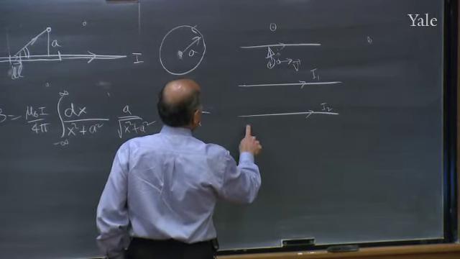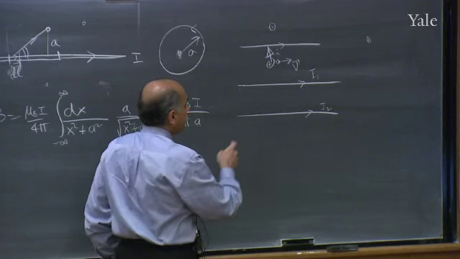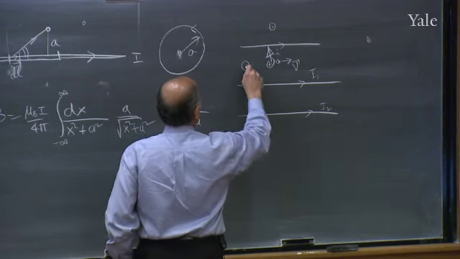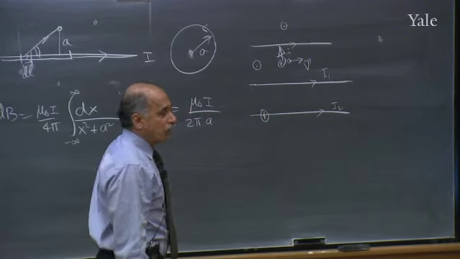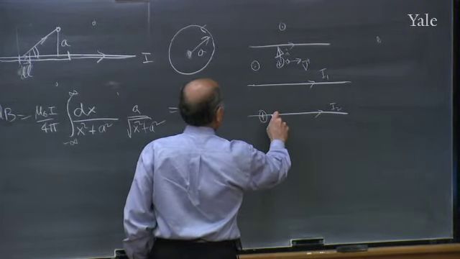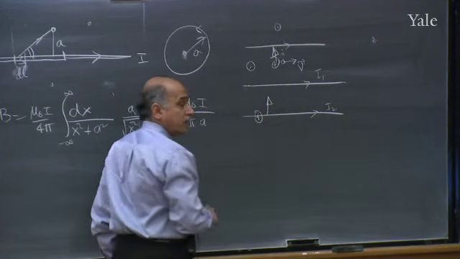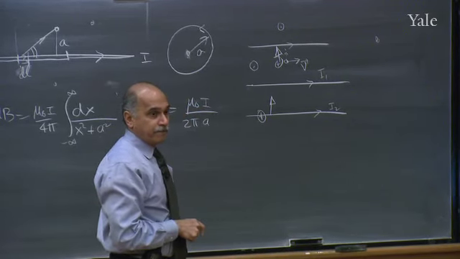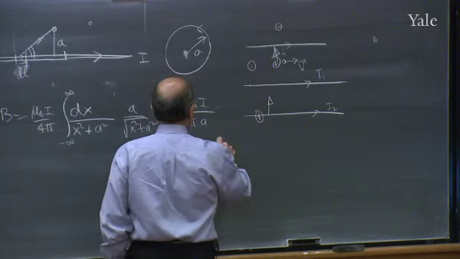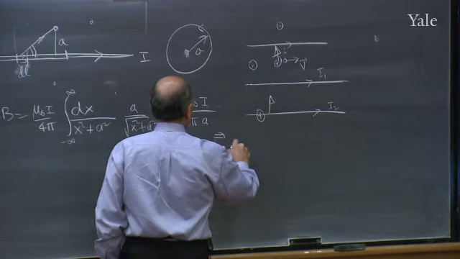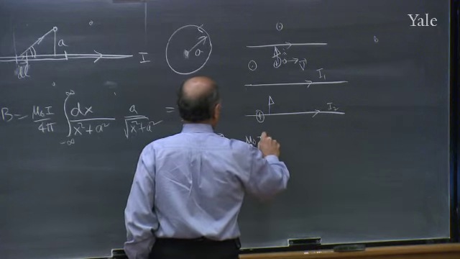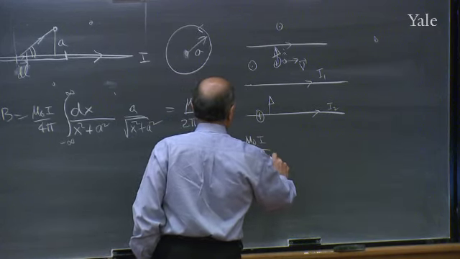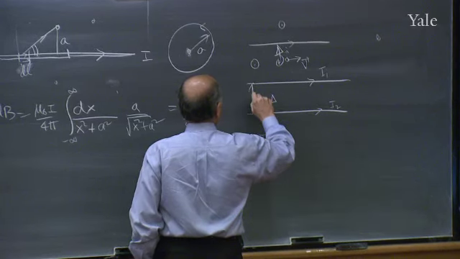Take the force on this guy due to I1. It produces a field that looks like this there and looks like that here. So just like the single charge here, this experiences a force towards the other wire, every part of it. So the force that current 2 feels due to current 1 is mu 0 I1 over 2 pi a, where a is the distance between them.